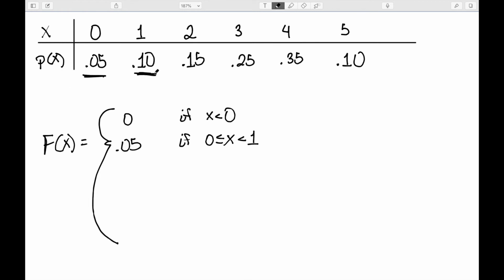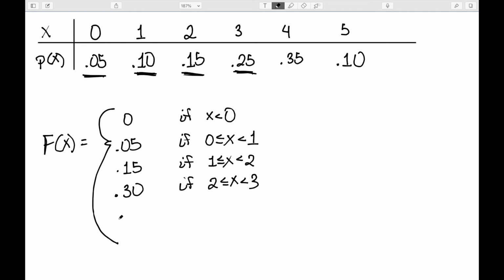We now need to add in 0.1, so 0.05 plus 0.1 is 0.15. This occurs when x hits the value of 1 up until right before it hits 2. We then add in our next value, so 0.15 plus 0.15 is 0.3. This is going to happen once we hit 2 and right up into our next value, which is 3.